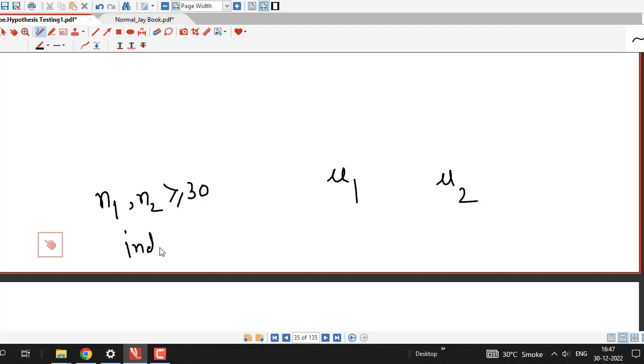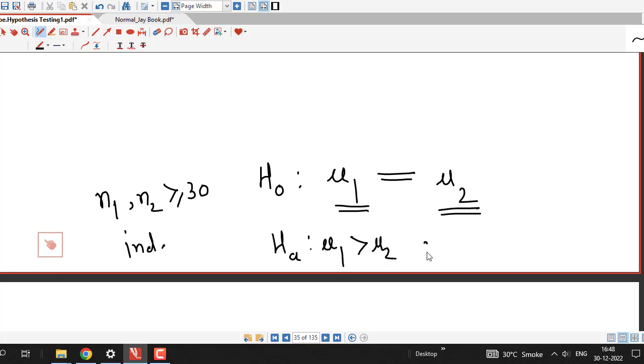We have independent samples and samples are random. We are randomly selecting two samples from two populations, and by considering the null hypothesis that there is no difference between the two population means, we can set our alternative hypothesis depending upon the given problem, and we can make the decision about the difference of two population means.